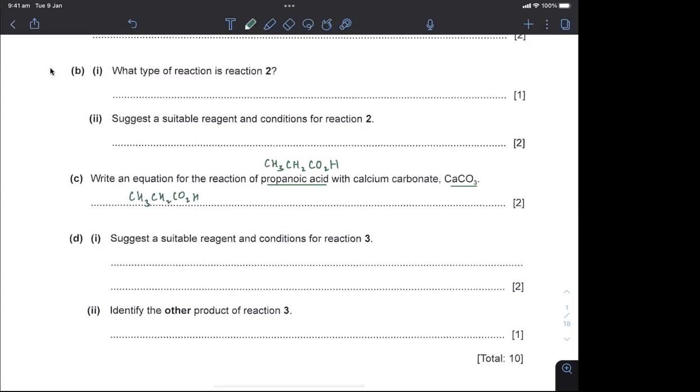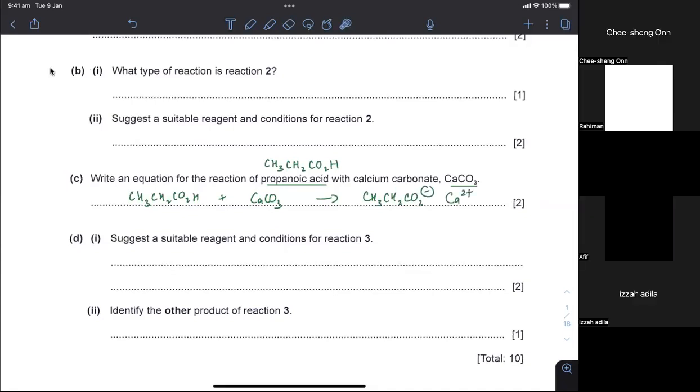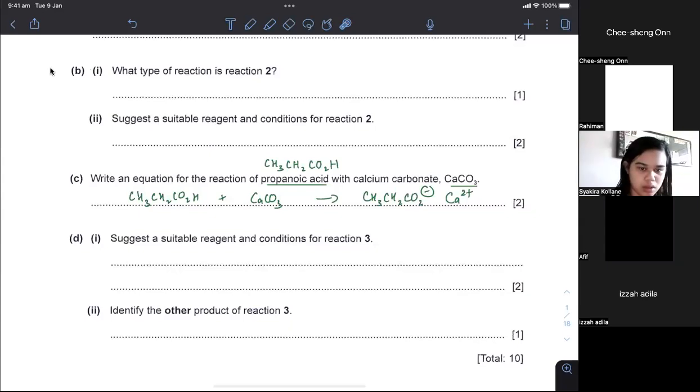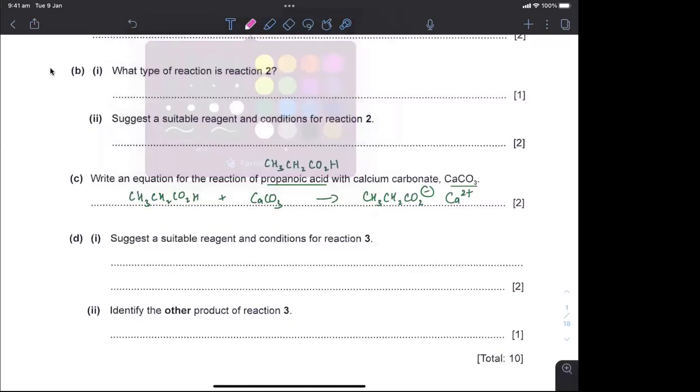You would do just like you would normally do in O-level chemistry. Like I said, you lose the H+, then you're going to get that. But then you have Ca2+, so you need more than one of these because the charges don't cancel. So the formula will be 2 of that and 1 of the calcium 2+. And of course, you get CO2 and H2O.